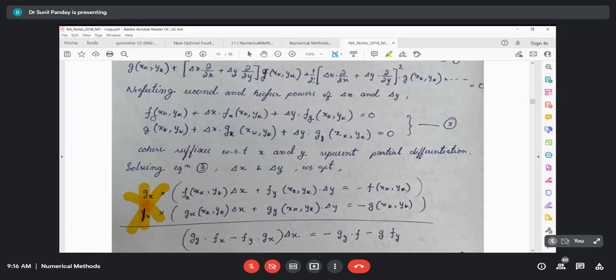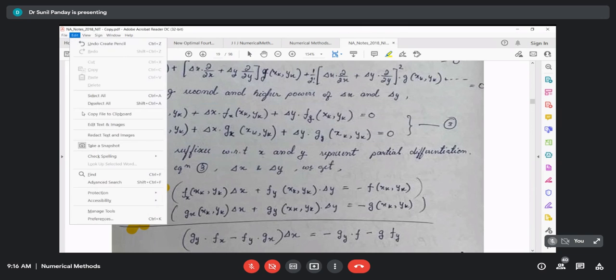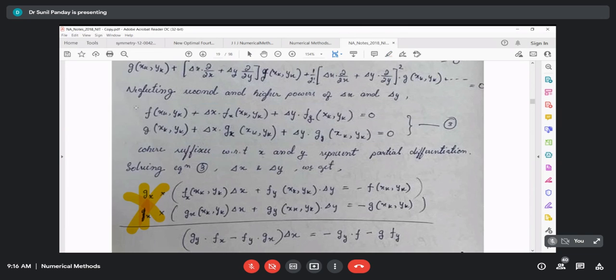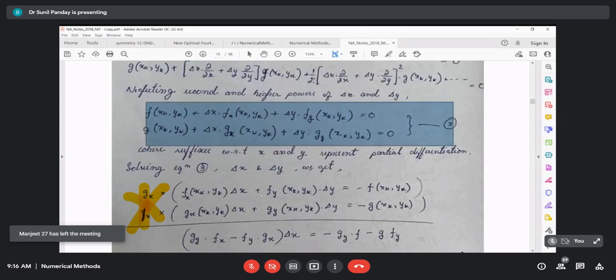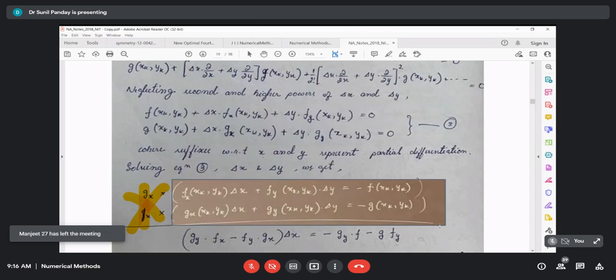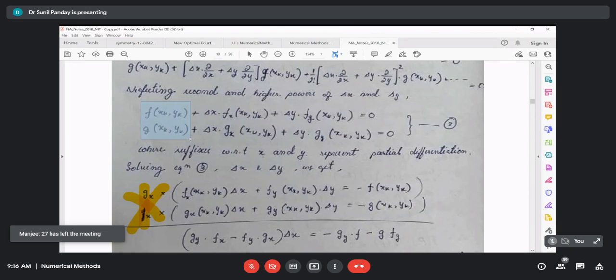So we'll consider from here. This equation 3 can be rewritten this way. We have taken these two functions to the right, like minus of f(xk, yk) and minus of g(xk, yk), these two terms.